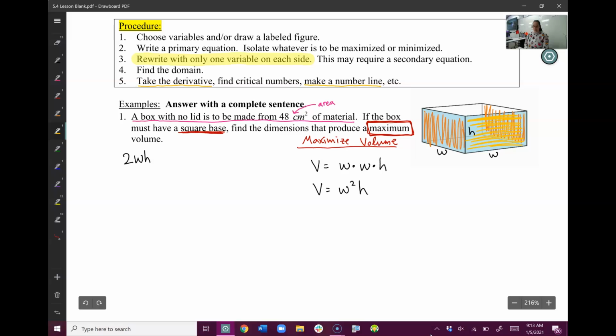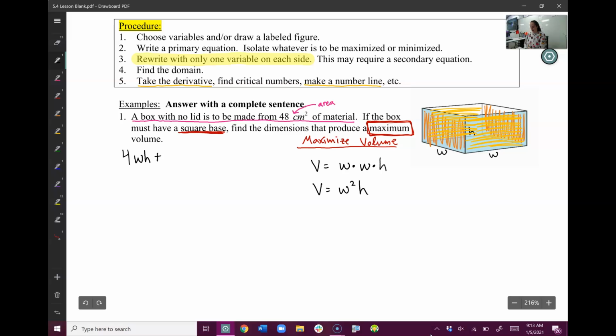That is also W times H. So now I've got three of them. And this one in the back is also going to be W times H. So I've got four W times H's right there.